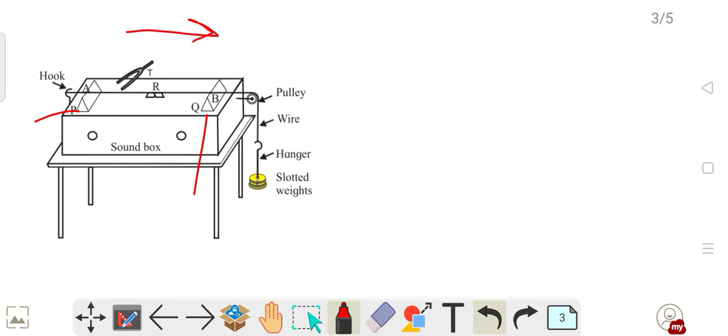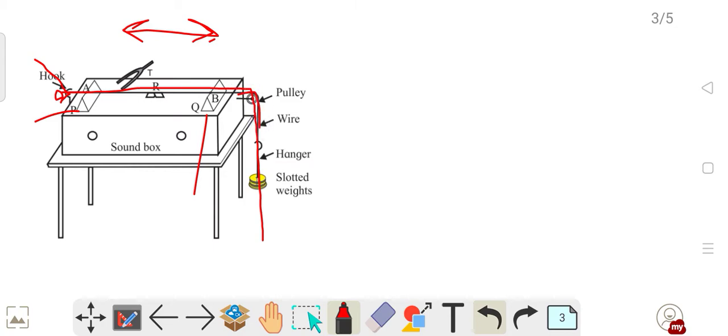These bridges can be moved in these directions. A metal wire of uniform cross section runs along the length of the box over the bridges. It is fixed at one end through a hook, and at the other end it will pass over a pulley.